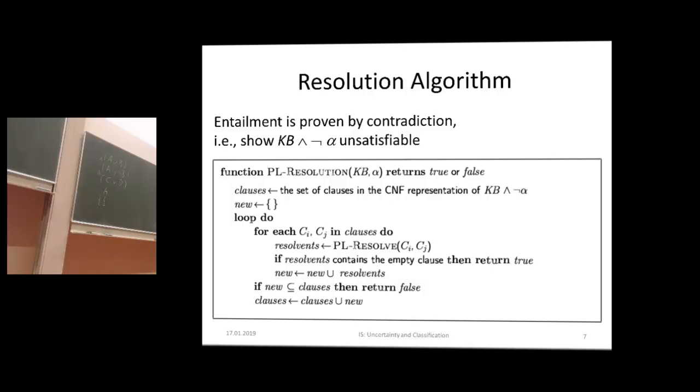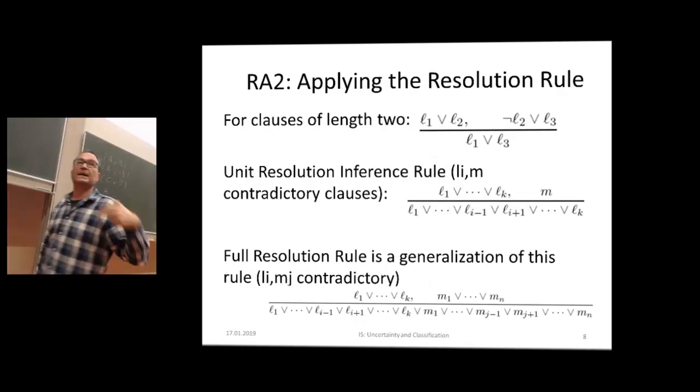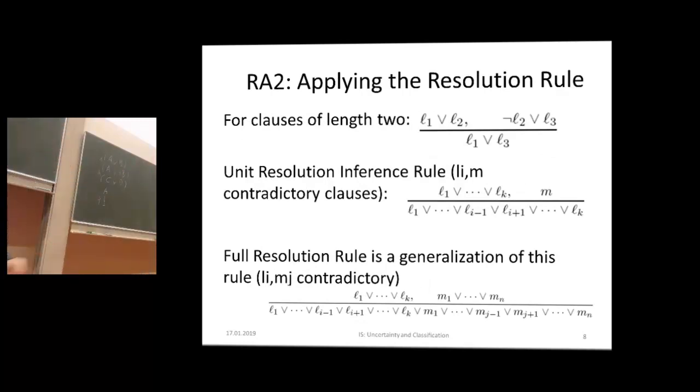If the resolvents contain the empty clause, then you return true, which means you return true in the sense that your entailment is true. So it's unsatisfiable, so the entailment is true. And otherwise, you just add it to the set of clauses you have, and you loop. And the rules that you apply, the one rule, but in three different disguises, so to speak.